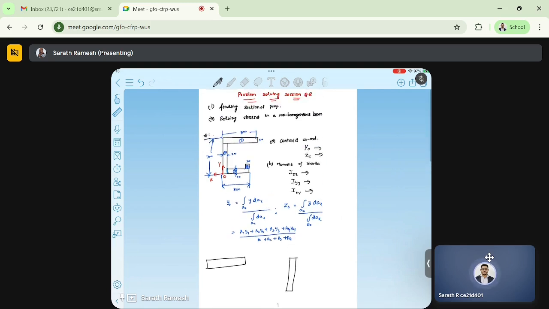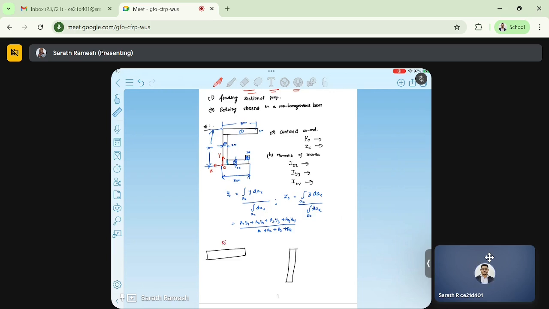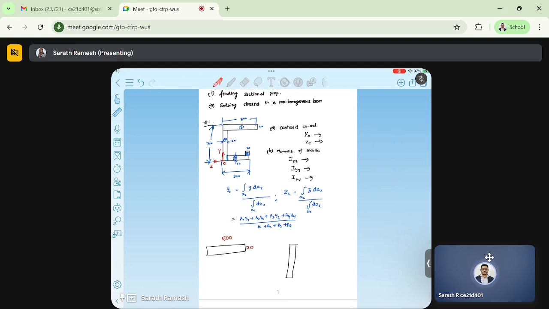What are the dimensions of section 1? The dimensions of section 1 are 520. For section 2 it's 700 minus 20, which is 680, and this way it is 20.